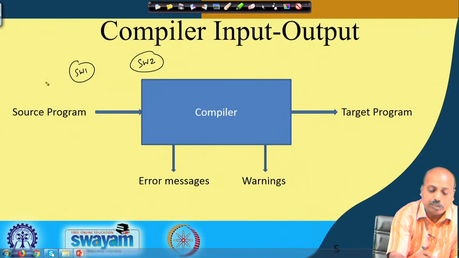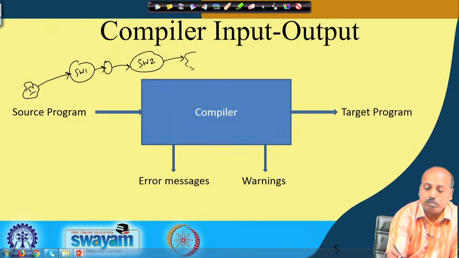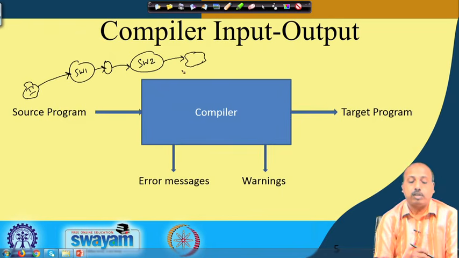Some input is given to software 1, and it should be processed by software 1 and software 2 to produce the final output. So, software 1 produces some output that goes as input to software 2, and software 2 finally produces the output.